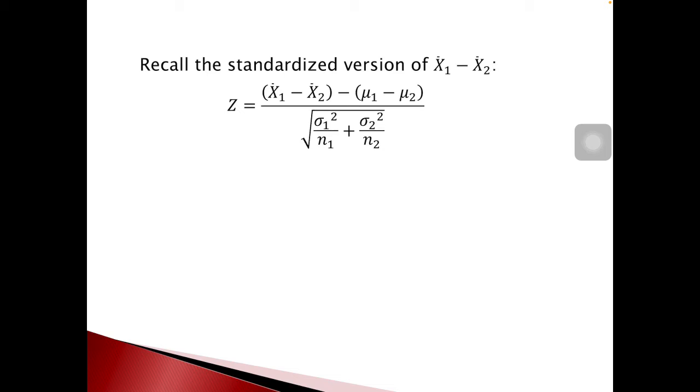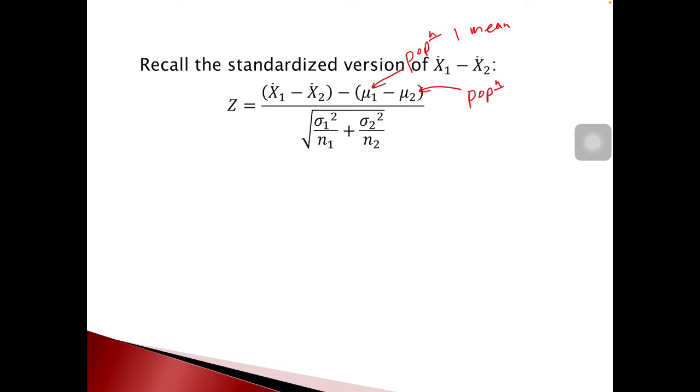Last time we discussed a standardized version of x1 bar minus x2 bar, which is x1 bar minus x2 bar minus mu1 minus mu2 divided by the square root of sigma1 squared divided by n1 plus sigma2 squared divided by n2. Here mu1 is population 1's mean, and mu2 is the second population's mean.